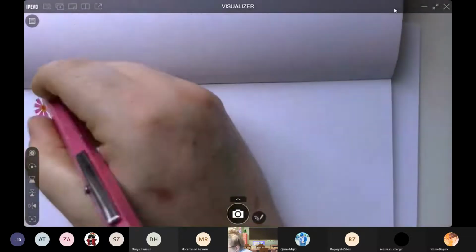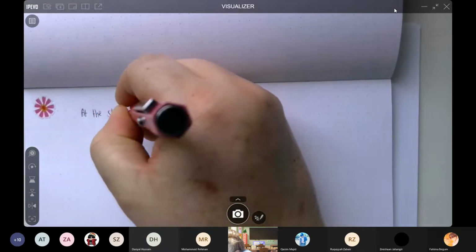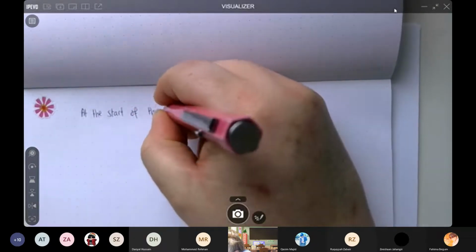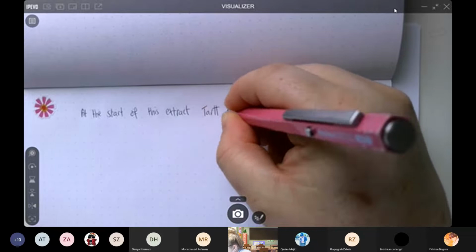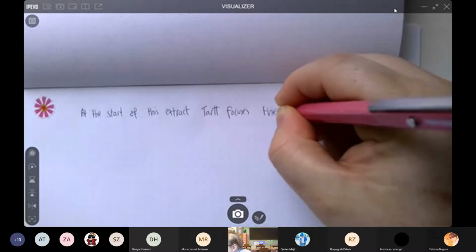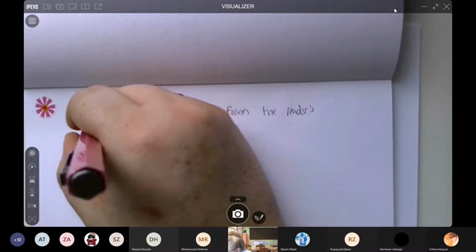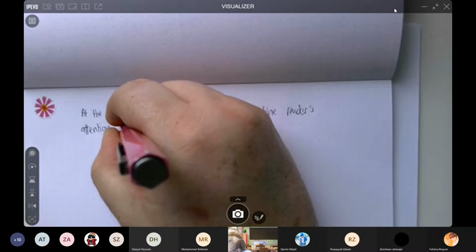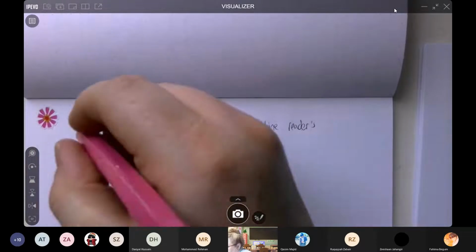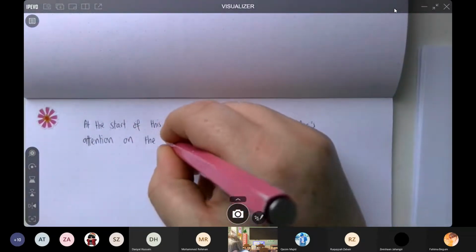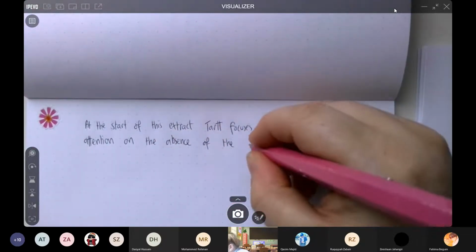So we're going to start by saying, at the start of this extract, Tart focuses the reader's attention on the absence of the narrator's mother.